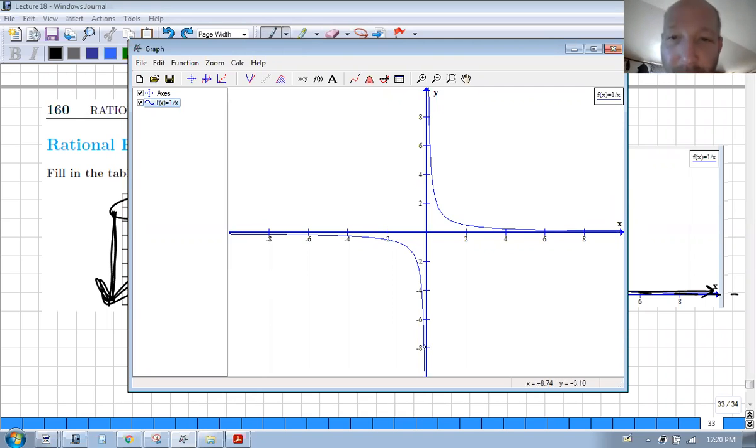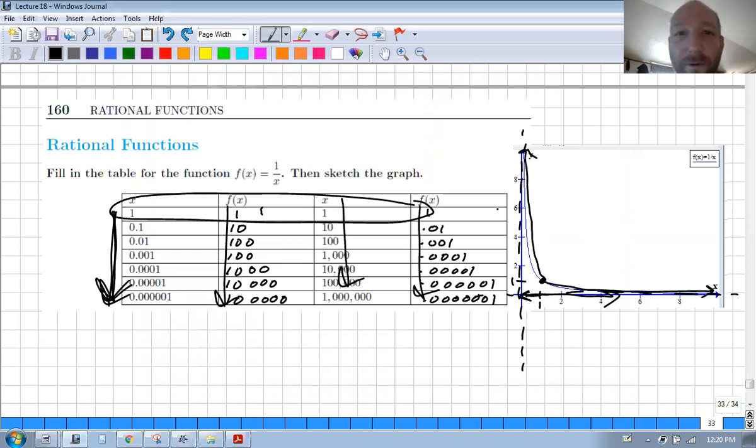But right here in the middle, if you plug 0 into 1 over x, you get 1 over 0, which is undefined. So this right in the center, up and down, is a vertical asymptote. If you try to plug 0 into your function, you don't get a point back. So for this one, you can plug in any number x except 0.